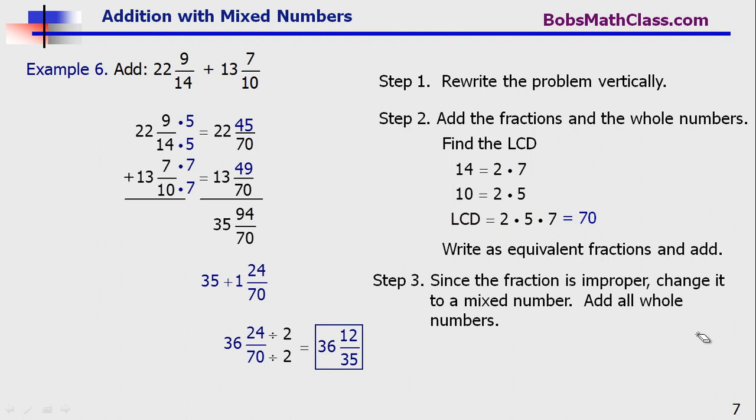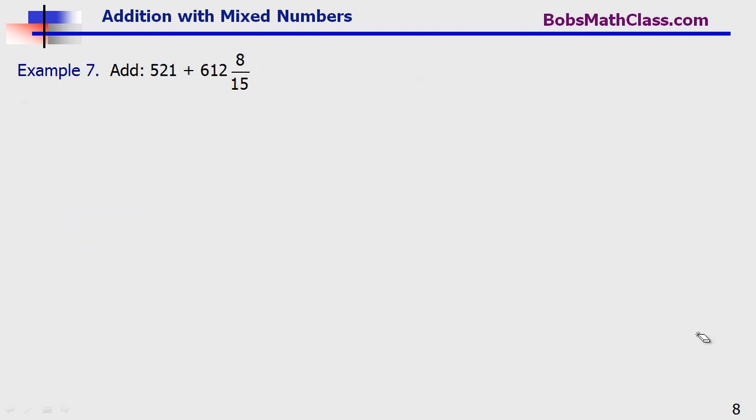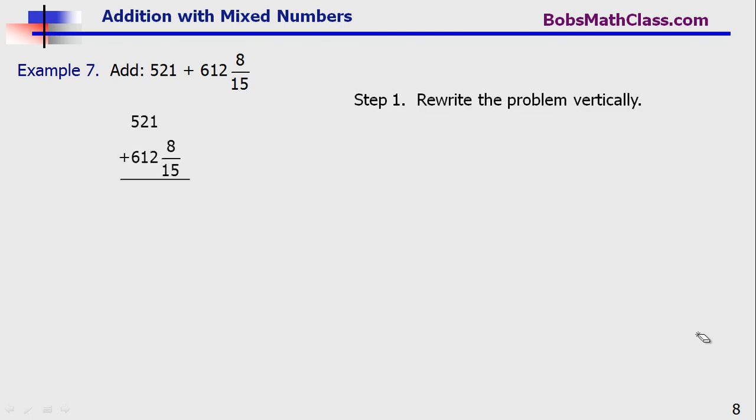Alright, I think we've got one more example here. 521 plus 612 and 8/15. So let's go ahead and rewrite the problem vertically, and then we're going to add the fractions and whole numbers.